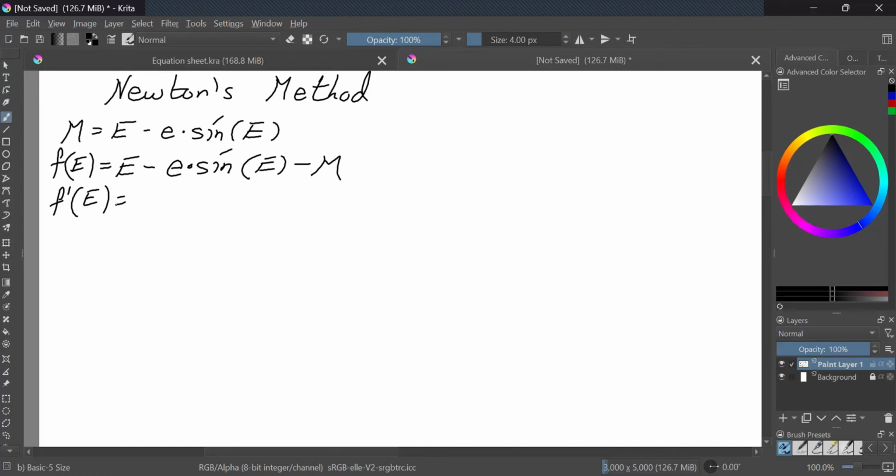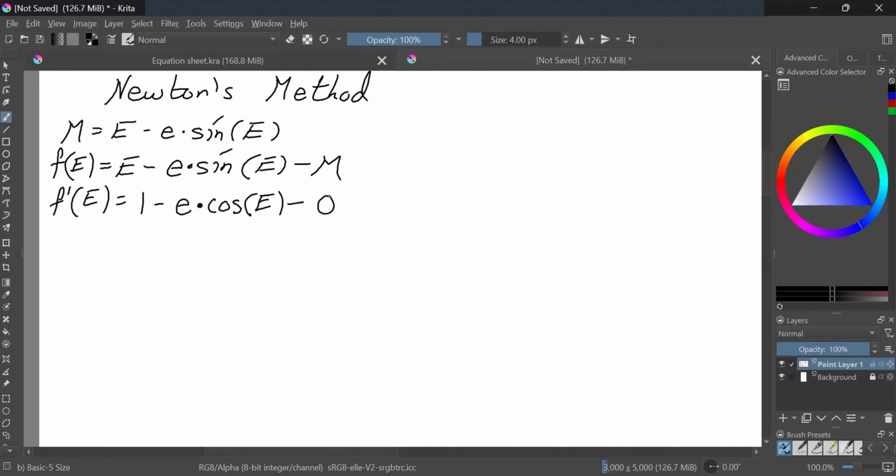So the rate of change of E with respect to E is, unsurprisingly, 1 minus eccentricity, because it's a constant, times what is the sine of E. So the rate of change of sine of E is cosine of E. And because sine is negative, cosine is negative, our signs are right. Cosine of E. And then minus rate of change of M with respect to E. Like I said, M is constant. That becomes 0.